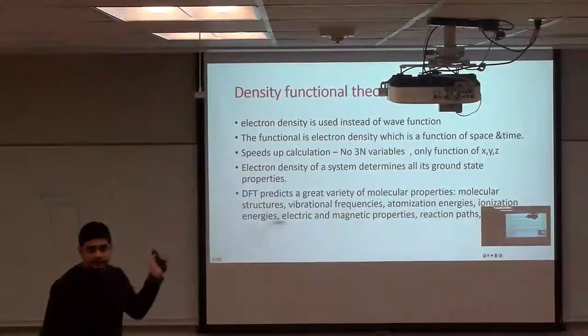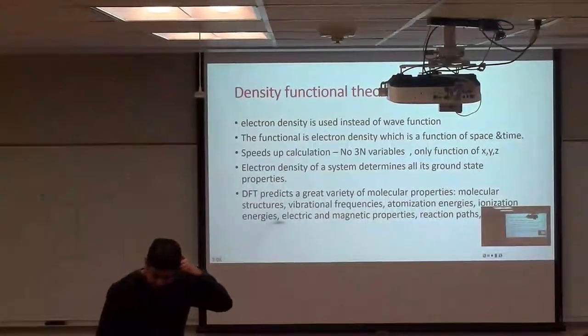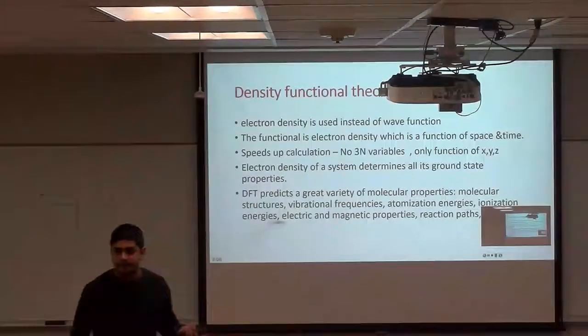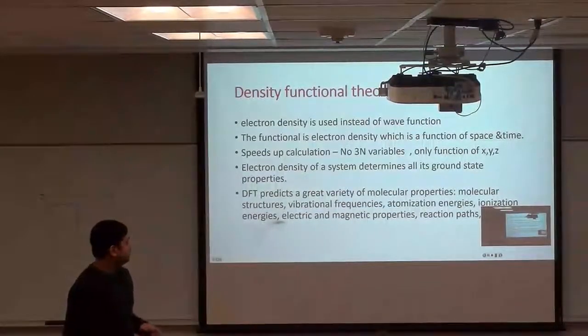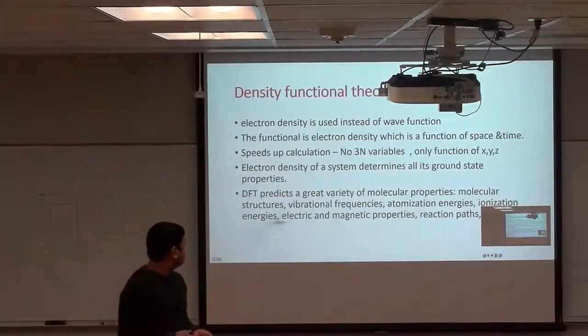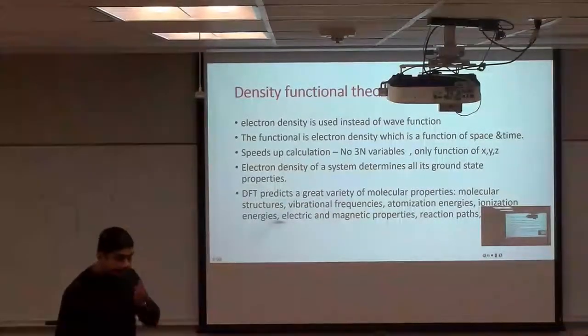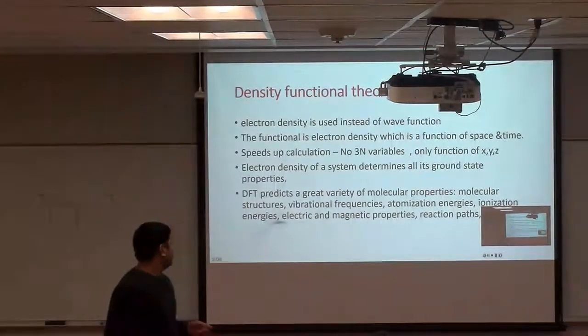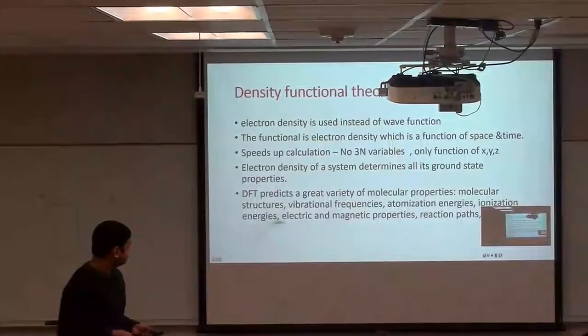And this is another electronic method. I think in the next coming session we are going to have a very detailed discussion on this density functional theory. It's unlike the other two, HF and semi-empirical. This is based on electron density method.